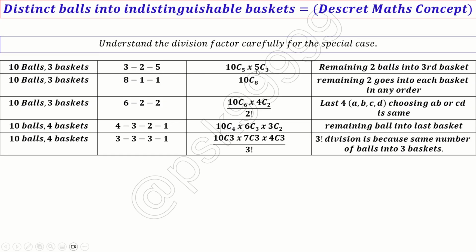And the remaining is 5 balls. Out of 5, I will choose three balls and put them in the second basket. And the last I'm left with 2 balls. So 2C2, that is one way. I don't need to calculate that. That is always one. The remaining balls will go into the third basket.